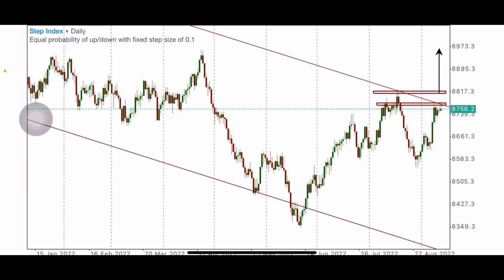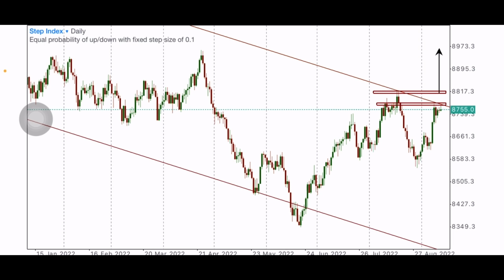Immediately after the break of this double top, that's why I put the line here, the zone here, we buy. We don't even wait for pullback and retest. No, immediately it breaks, you buy straight, because that buy is going to be heavy. It's going to spearhead the beginning of a new change of direction. So the buy is going to be heavy, so you just buy and go up.